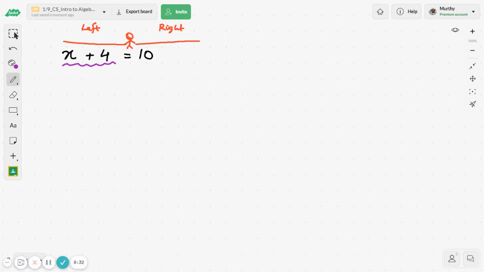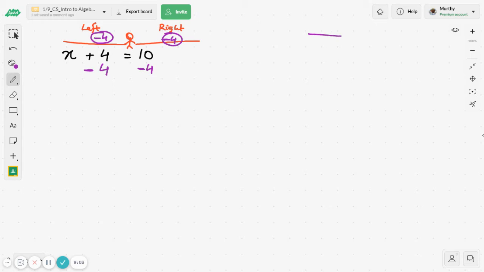Let's focus on the variable side, that is the missing number side. I see that there is positive 4 and we have to detach that by taking the opposite, that is the negative sign. Don't forget to take the same value, which is negative 4, and you have to apply that on both sides. This is called balancing the equation.